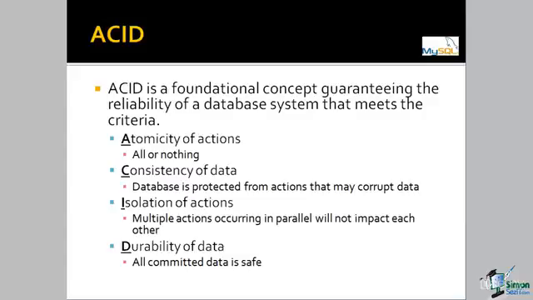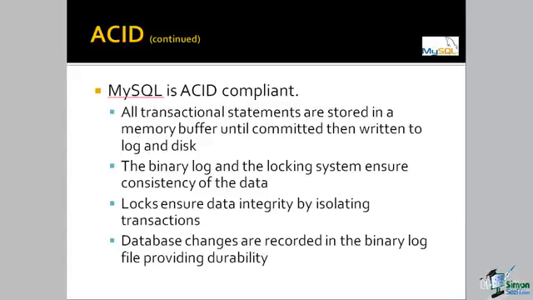Durability protects the data from system failures, so that if we make changes to the database and the server, for whatever reason, fails, those changes that we believe were successfully completed are recorded somewhere so that the database will be in a consistent state with our changes recorded, even in the face of complete failure of the system. So how is it that MySQL implements these ACID principles?